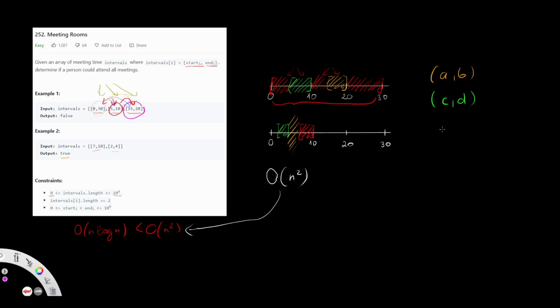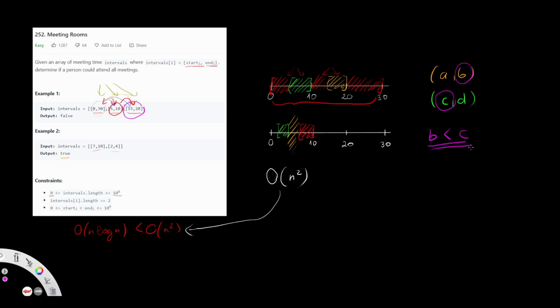We have to check if the end time for the first interval and the start time of the second interval are not overlapping, which means B has to be smaller than C. If the first interval finished earlier than the second interval started, then we know that there is no overlap.